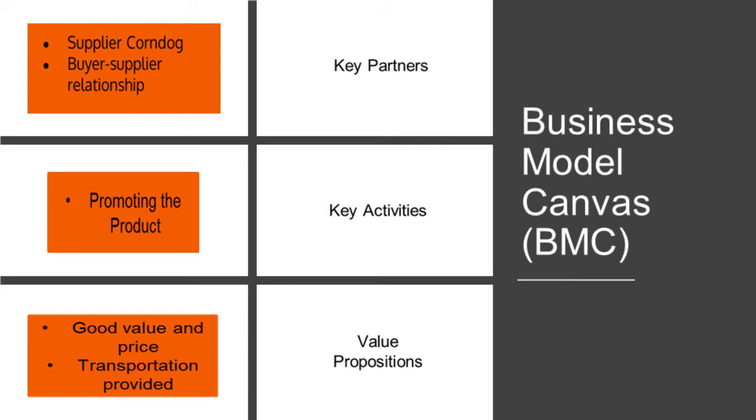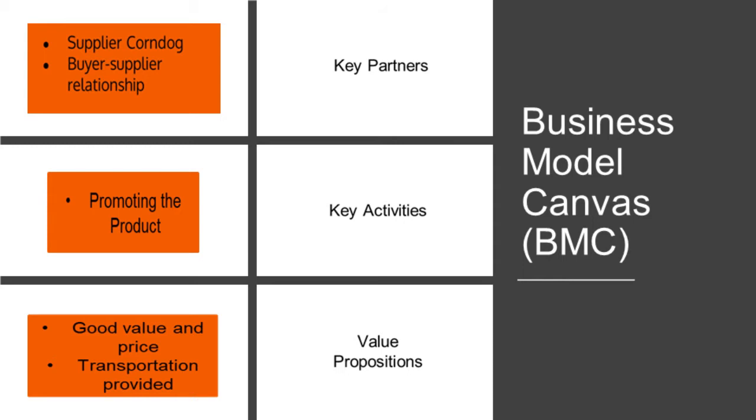Third is joint ventures to develop new businesses. And lastly is buyer-supplier relationship. The type of partnership that applies to Corndog Frozen by Ida is buyer-supplier relationship. Next, to get the fresh product, I will deal with the supplier of corndog to make sure the quantity is enough to fulfill customers' demand.